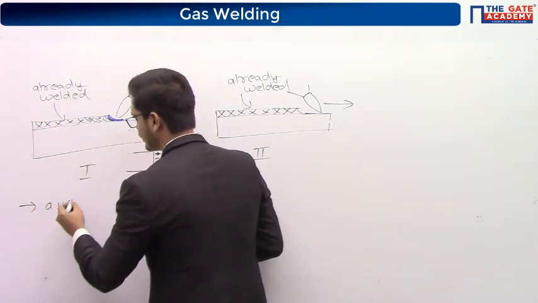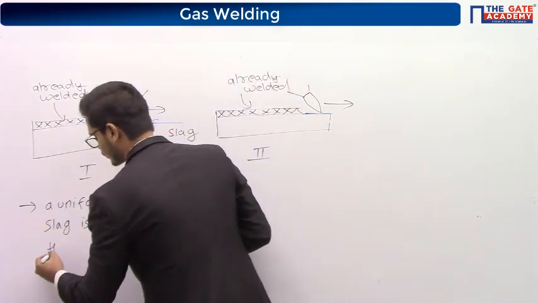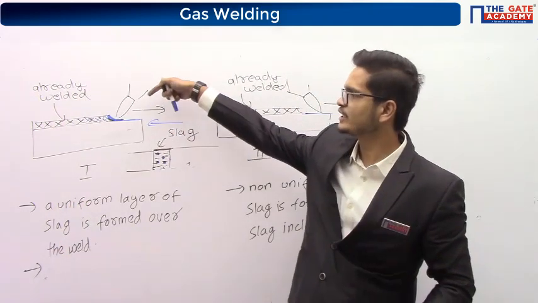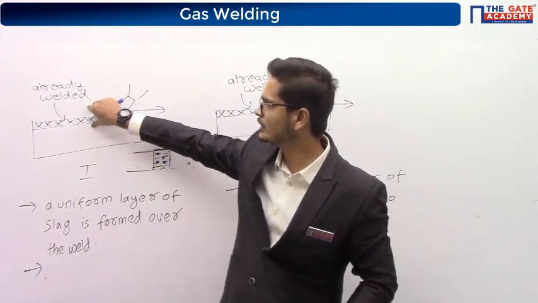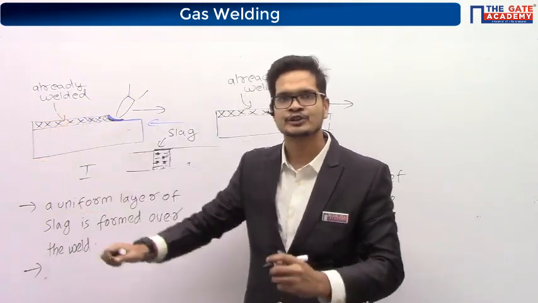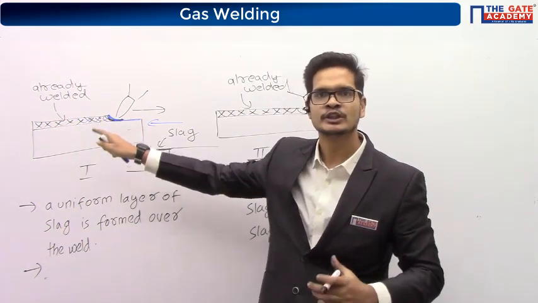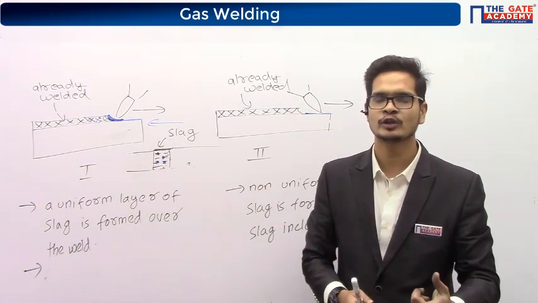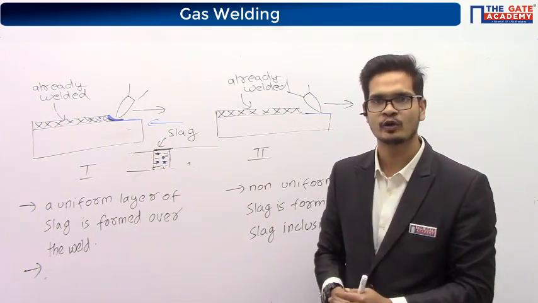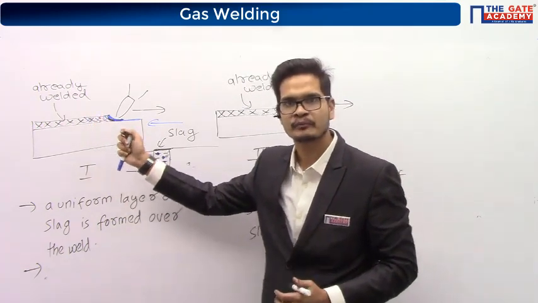A uniform layer over the weld. Here you can see the flame is focused towards the already welded portion. So this portion is already welded, so some heat will be reaching this portion also. So you are supplying the heat post the welding also. So therefore post heating is taking place.